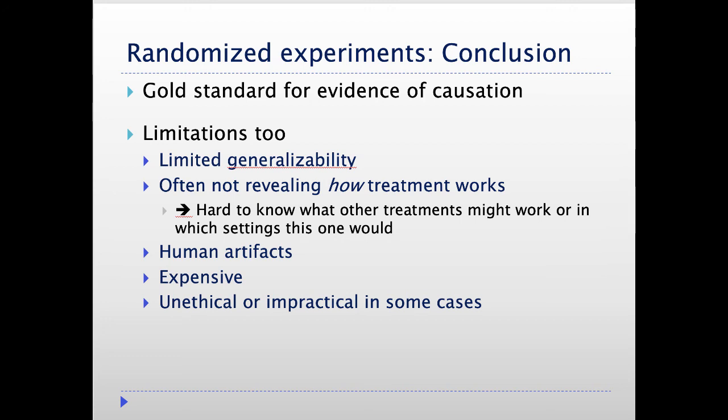One of my favorite examples is, you know, we really would like to know the effects of divorce on children and their long-term outcomes. How does it affect them psychologically, economically, socially, their own relationships? We'd really like to know that. Well, we will not be randomly assigning families to divorced and non-divorced status.